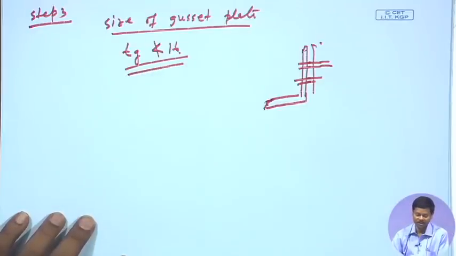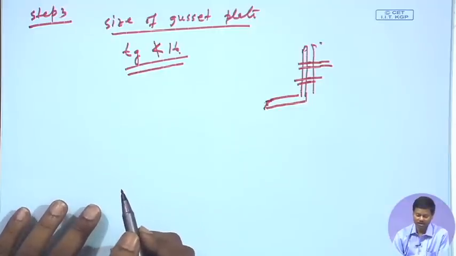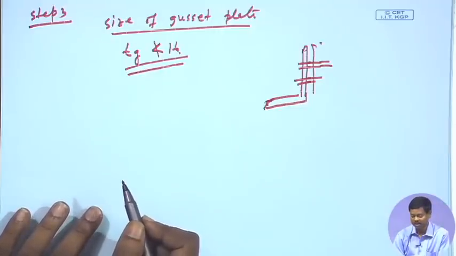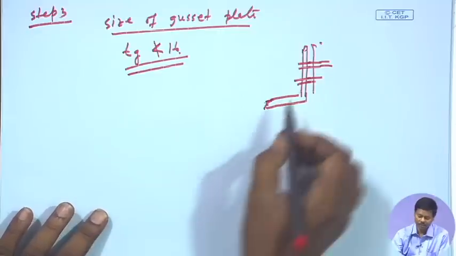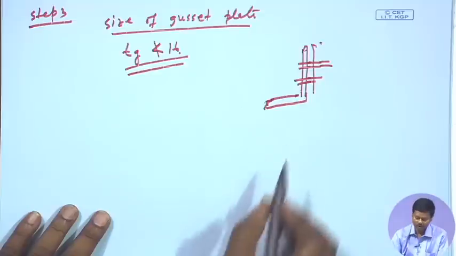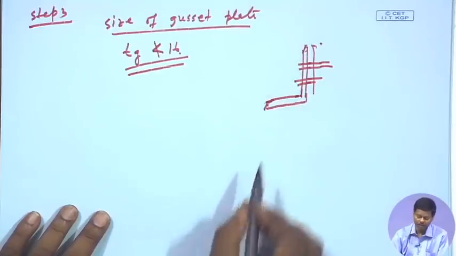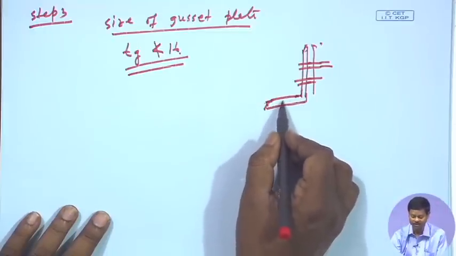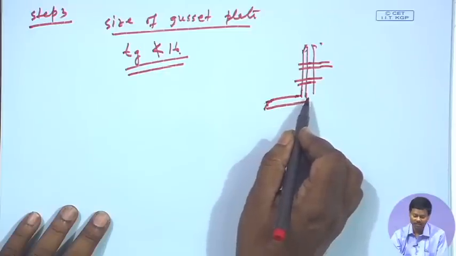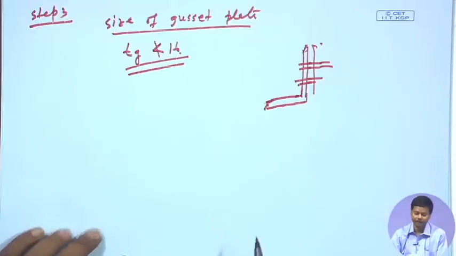So, for finding out the size of gusset plate, first we will decide a thickness of the gusset plate, which should not be less than 16 mm. Then we will suggest some certain size of the gusset angle, and also we have to see that gusset angle should be unequal section, because the longer section has to be accommodated vertically. Therefore, we unnecessarily will not take the equal section, we will take unequal section, where the shorter section will be horizontally placed, and in that way we can economize the material.